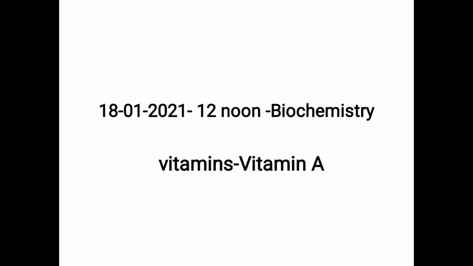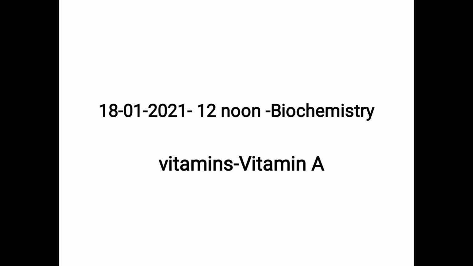So, what is the chemistry? Vitamin A contains a cyclohexenyl ring, a beta ionone ring, with a polyisoprene side chain. The provitamin most commonly found in plants is beta carotene. One molecule of beta carotene consists of two molecules of vitamin A. There are also alpha, beta, and gamma carotenes found in plants, but beta carotene is the most commonly found provitamin.